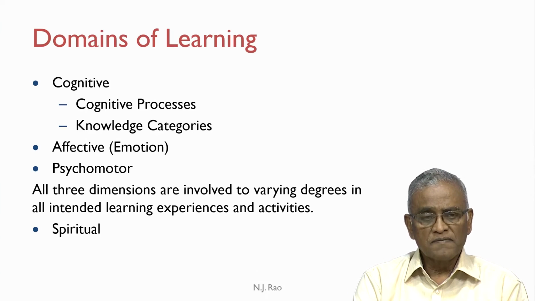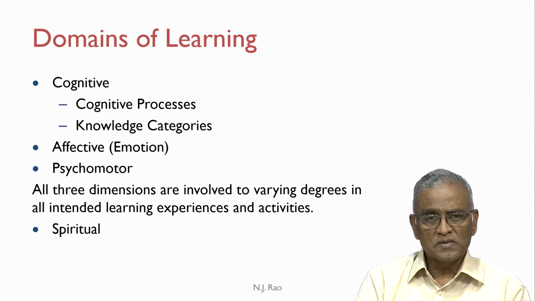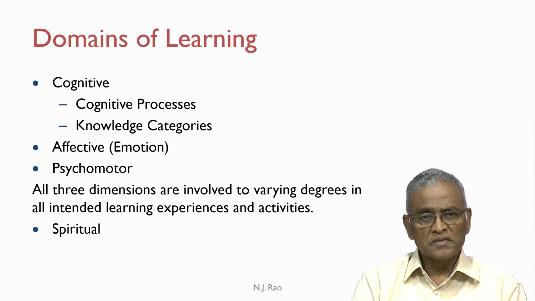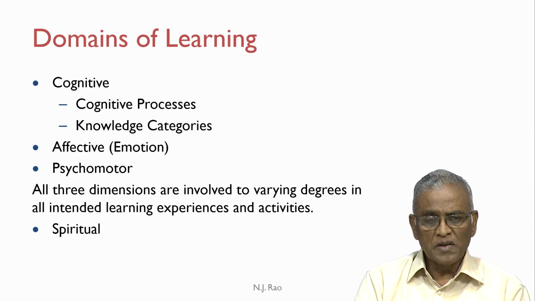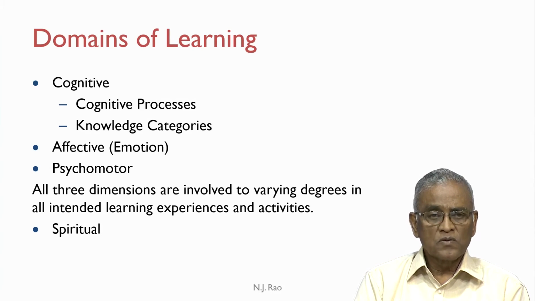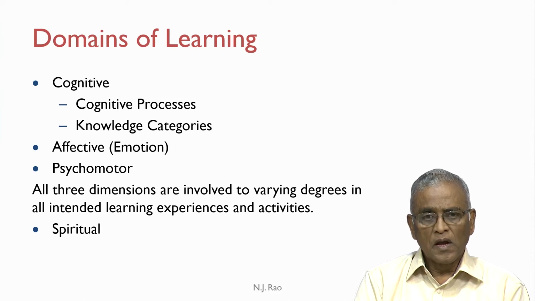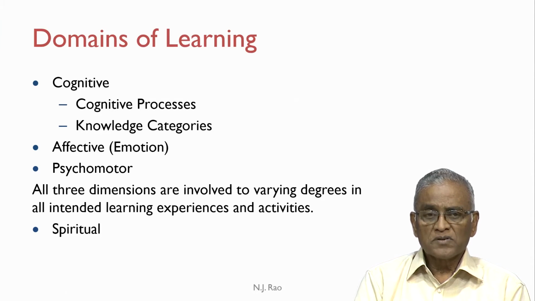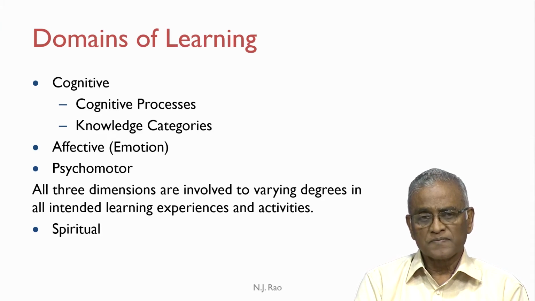Now, this is how the domains of learning can be summarized. You have cognitive, which has two dimensions, namely cognitive process and knowledge categories. You have the affective domain, which concerns emotion, and then the third one is psychomotor, and all three dimensions are involved to varying degrees in all intended learning experiences and activities.